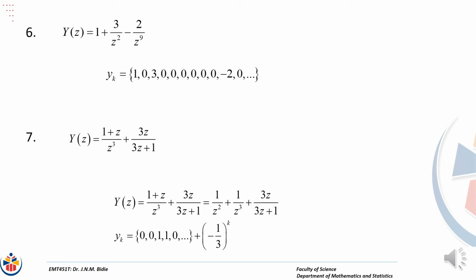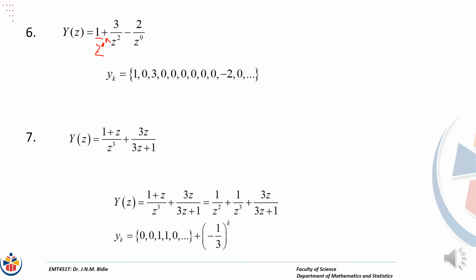Number 6, note that 1 is divided by z to the power 0. And between z to the power 0 and z to the power 2, there is z to the power 1. So there is one term here in between. That means we have 0 as its numerator. Hence, we have 1, 0, 3. Note now the next term is negative 2 over z to the power 9.